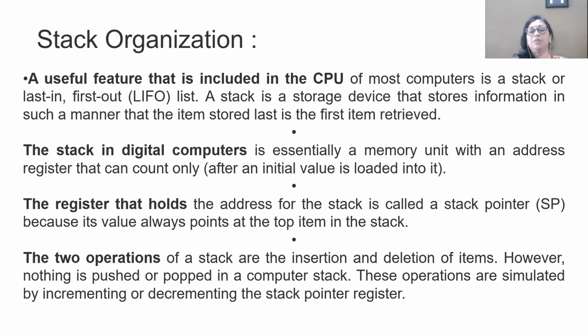So stack memory is used to store the context where the CPU has left execution of the main program, and it has moved to some other address for execution because it encounters a function call in the program, or because it has to handle some exception while executing the program.